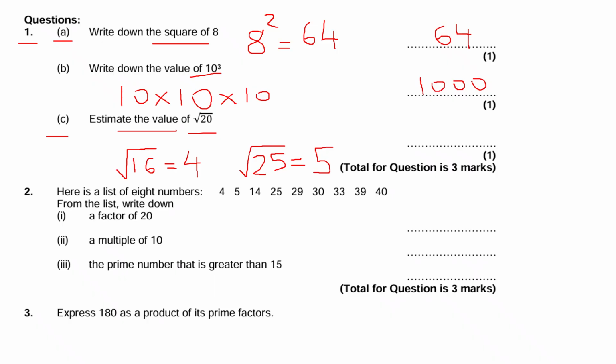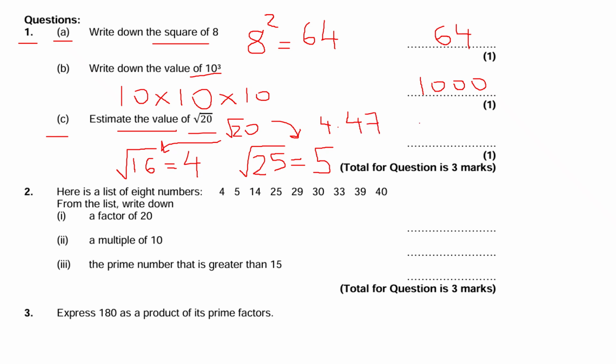Now the square root of 20 is between 4 and 5, and is closer to 16 than it is to 25. So I am estimating the answer to be around, let's say, 4.7, or 4.6.